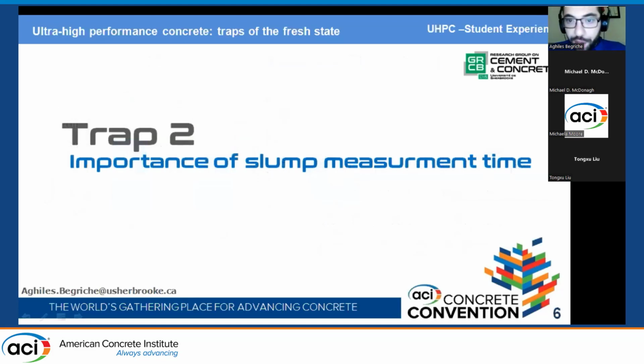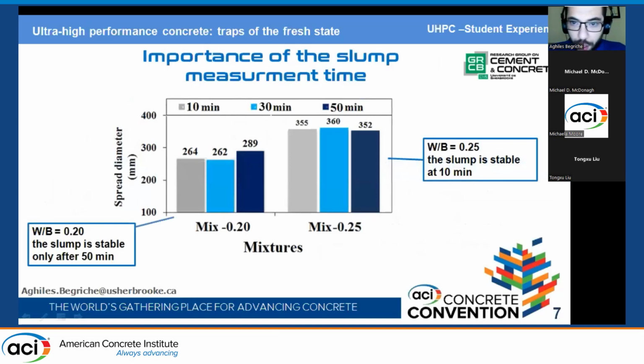With this observation, let's see the second trap, the importance of the slump measurement time. As we can see there, I present the evolution of the spread flow diameters at 3 different times, at 10, 30, and 50 minutes after the end of the mixing protocol for the preceding 2 mixtures.